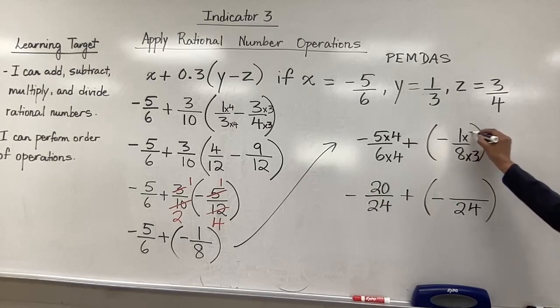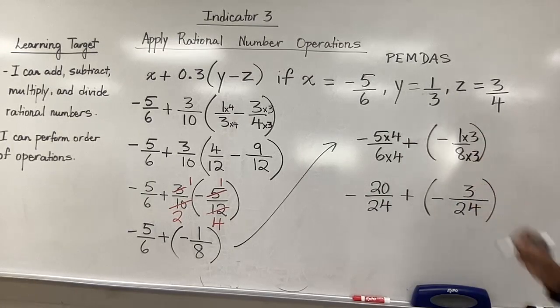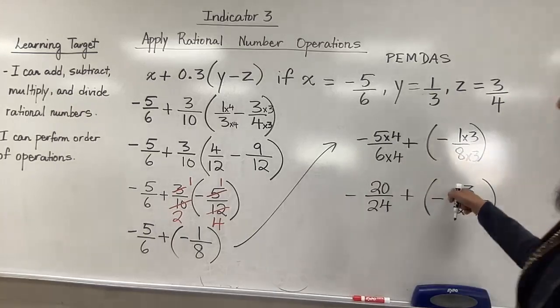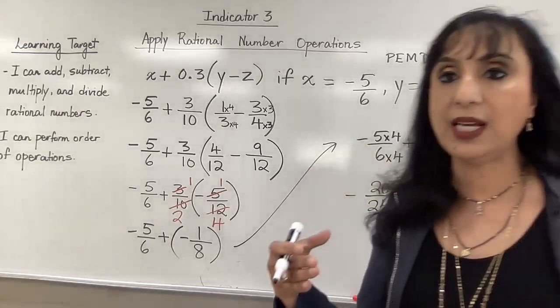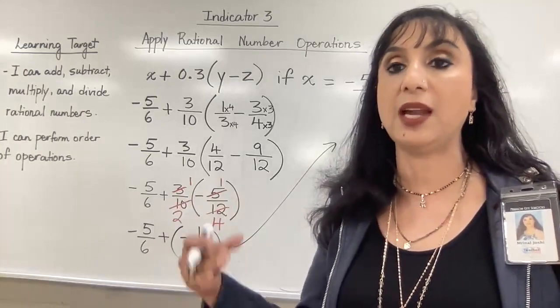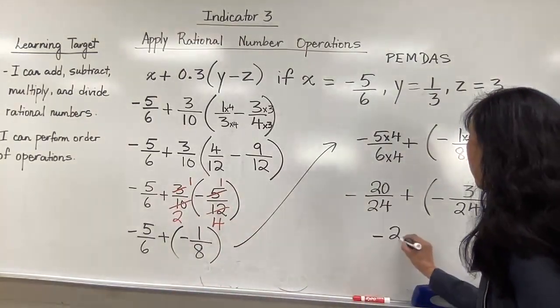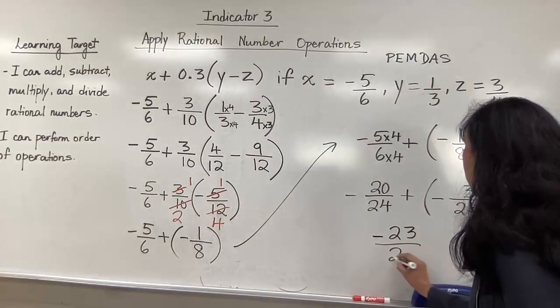So same thing with the numerator, and I get 3. And now since they are the same signs, all I'm doing is taking the numerators, and I have negative 20 and I have another negative 3. That becomes a total of negative 23. So negative 23 over 24.